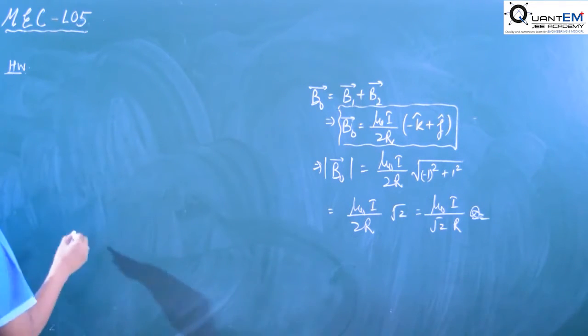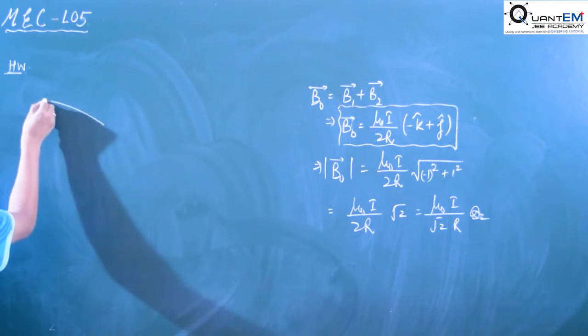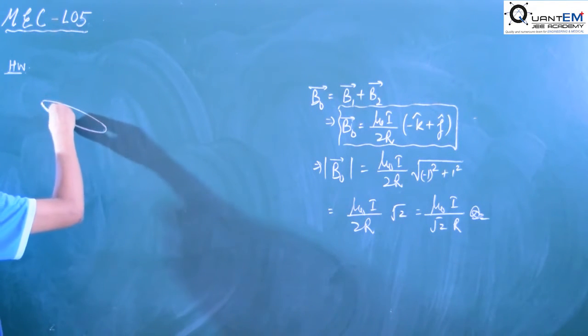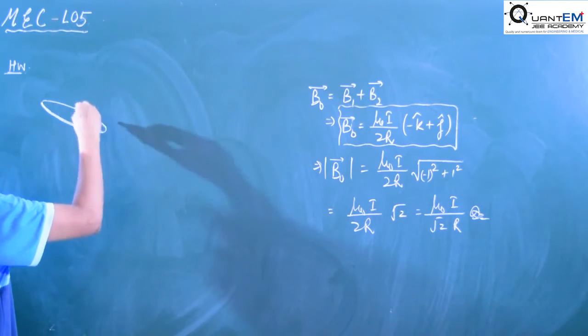This question is for homework. We have two rings. Thick line is for outside the plane of paper.